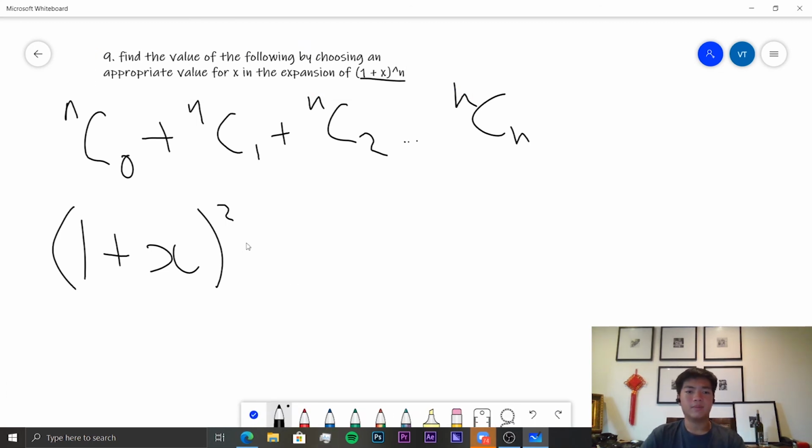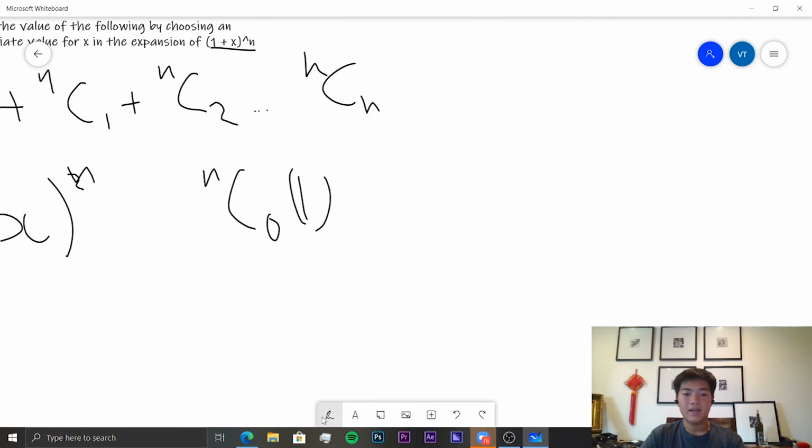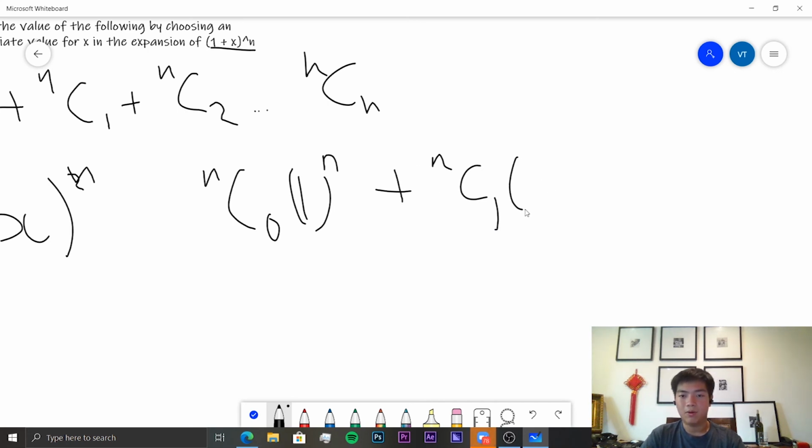So we know the first term of this is going to be n choose 0, 1, which is already what we have. And the second term is going to be n choose 1 times 1 to the n minus 1 times x to the 1.